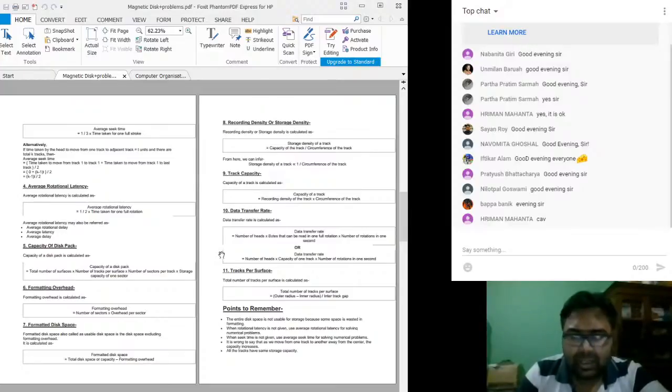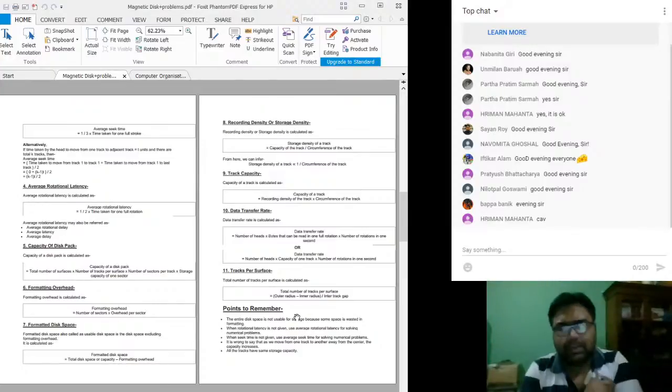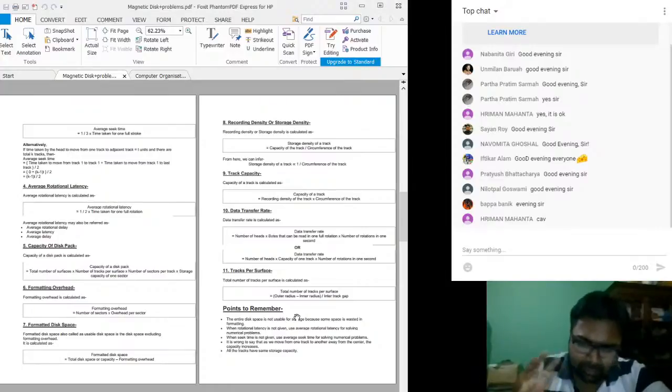This is your inter track gap. Why is this kept? So that there is no interleaving among the data, or chance of corruption. The entire circular portion won't be used because some gap will be there between the tracks, so you have to address this as well.